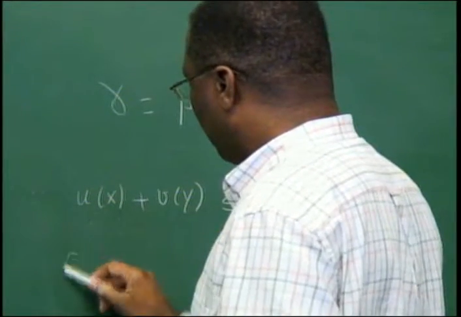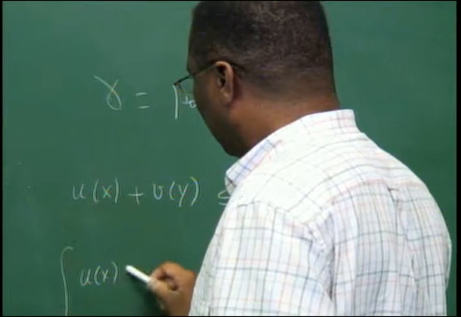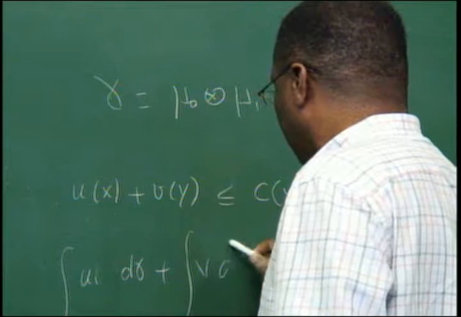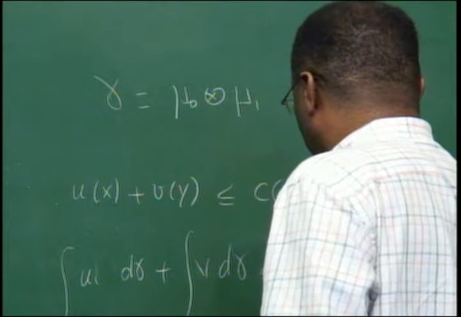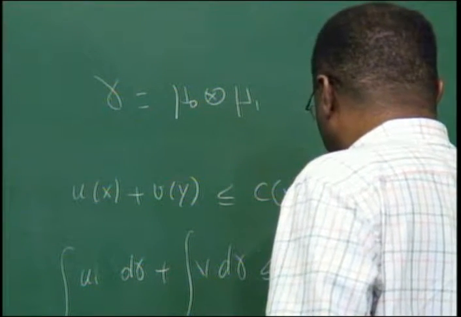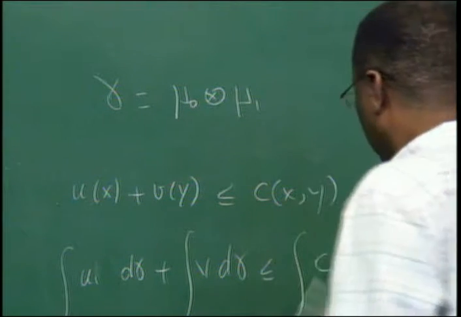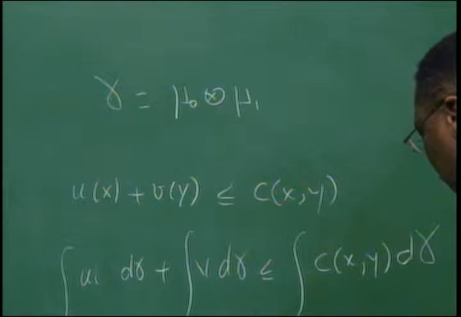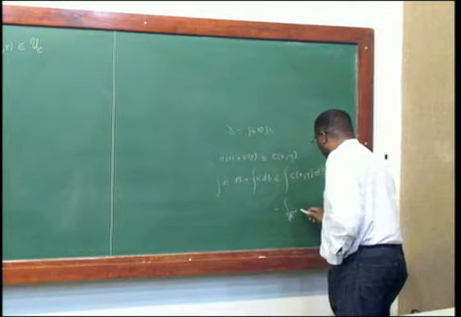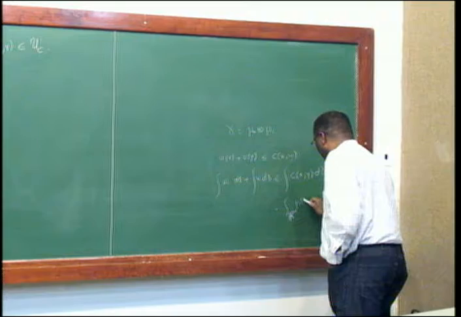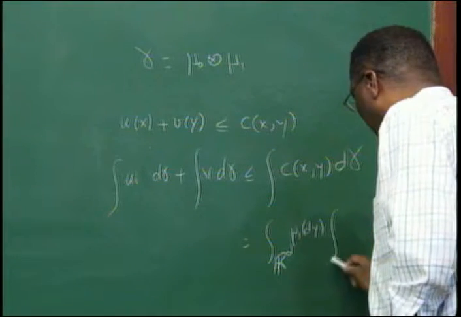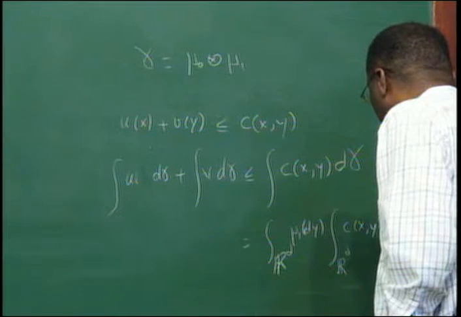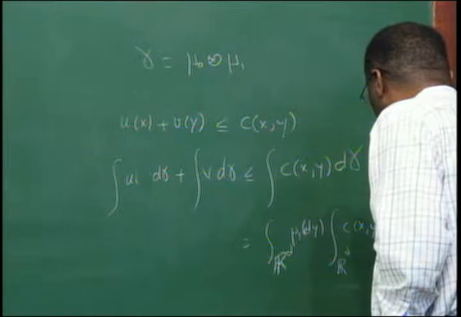Then if I integrate, I have the integral of U of x d gamma plus the integral of V d gamma is less than the integral of C xy d gamma. So that is the integral over R^d of mu 1 dy. I am using Fubini. The integral over R^d of C xy mu naught dx.